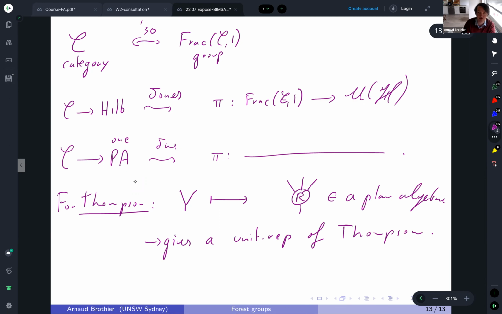And that was the very first thing that Vaughan Jones did, actually. That's the first instance of this new Jones technology: he took a planar algebra, he chose one element like that, here it's a 2-box. And to that, he could build an action of Thompson's group.